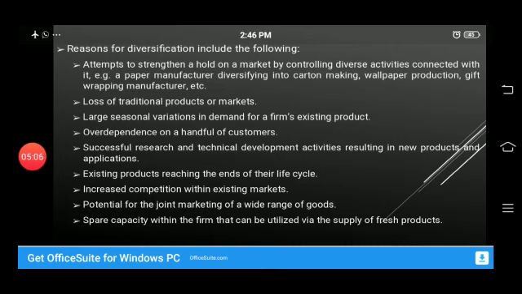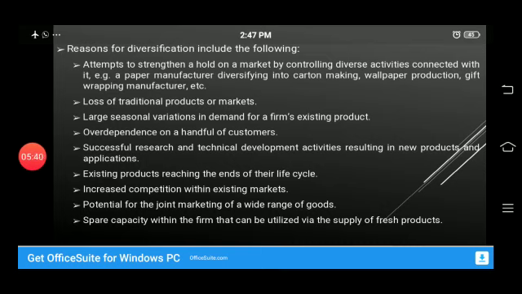The reasons for diversification include the following: attempts to strengthen a hold on the market by controlling diverse activities connected with it, for example, a paper manufacturer diversifying into carton making, wallpaper production, gift wrapping manufacture, etc. Second is loss of traditional product or markets.